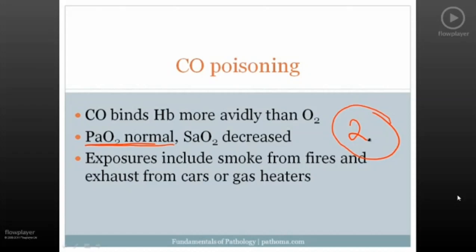Another important source would be exhaust from cars, and this is the classic example of a patient who might try to commit suicide by carbon monoxide poisoning, where they start their car and shut the garage door, and the carbon monoxide slowly builds up within that closed space. And a third way by which carbon monoxide poisoning can occur is via gas heaters, and that's a relatively high yield clinical scenario that can show up on exams.